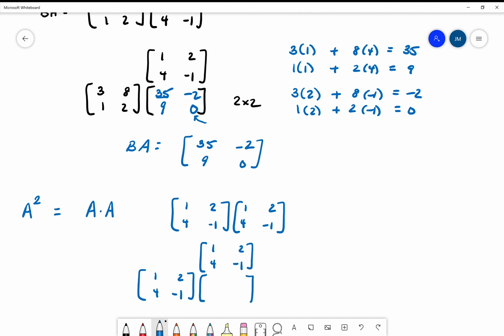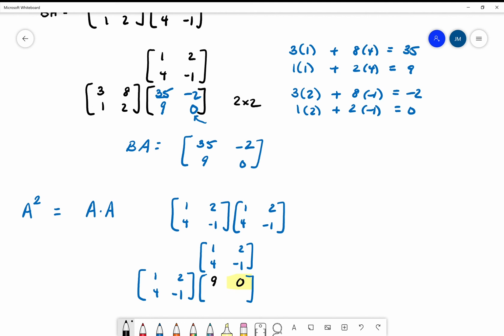So one more time, if you want to pause the video, if you feel comfortable, go for it. I'm going to keep going here. So I'm just going to speed through this. To find the upper left-hand entry, I'm multiplying 1 and 1, followed by 2 and 4. So that looks like 9. Okay, and then to find this entry here, we're multiplying 1 and 2 and negative 1, so that looks like 0.